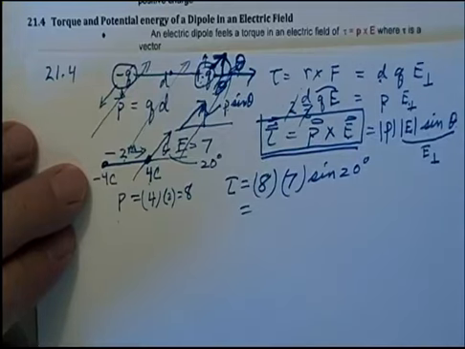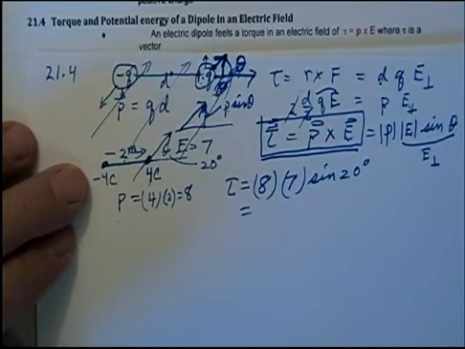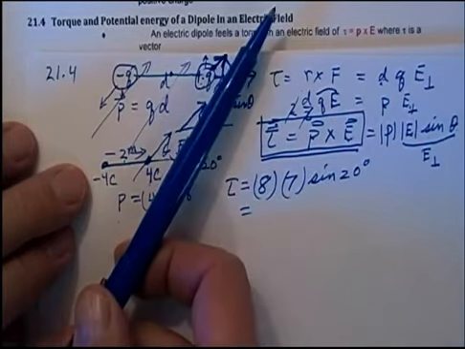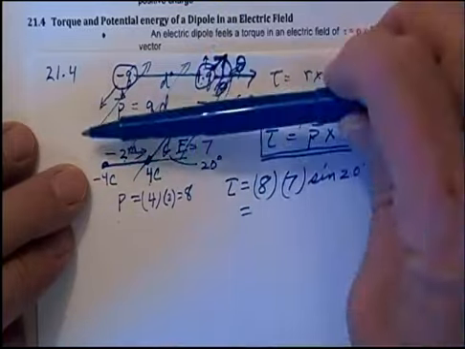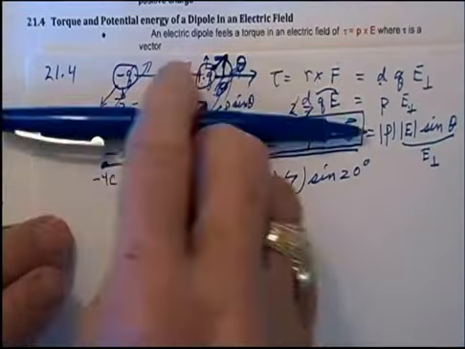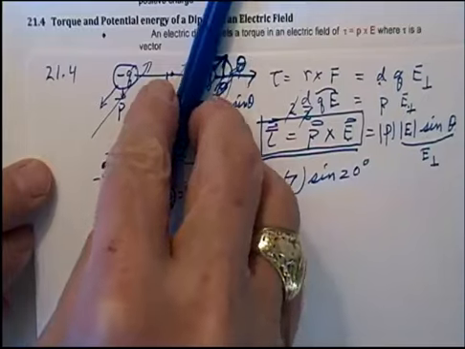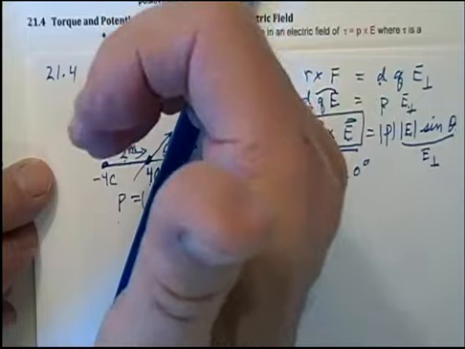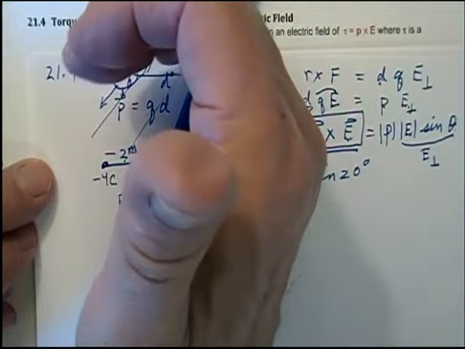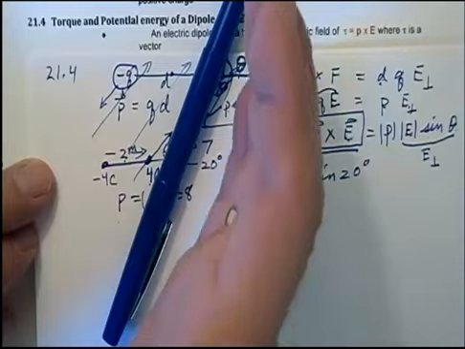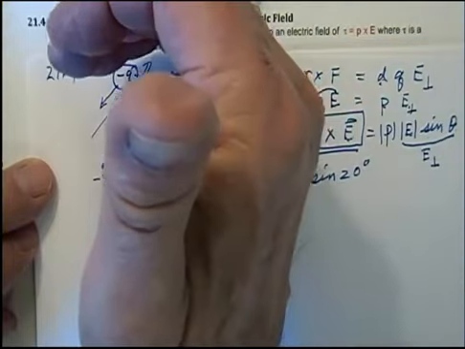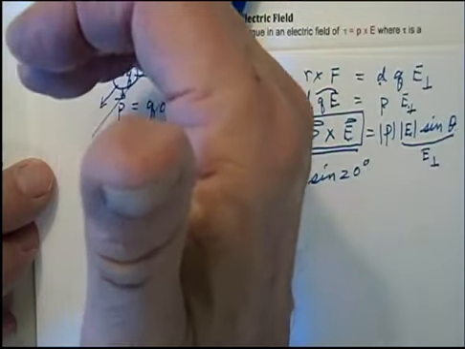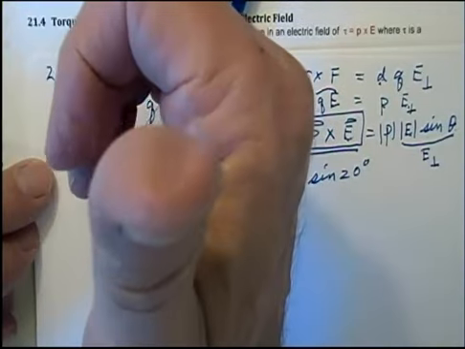Again, another question that would come up in this is, do you know the direction of that torque? Well, remember that this is going to put a force like this up in this direction, and a force down here in this direction. So it's going to try to turn that dipole just like this. If you think about the right-hand rule, where you wrap your fingers around the axis, if your fingers go in the direction of the torque, or the turning, like for a water pipe or anything, your thumb would point straight up.